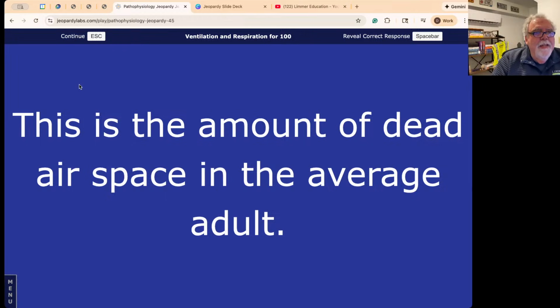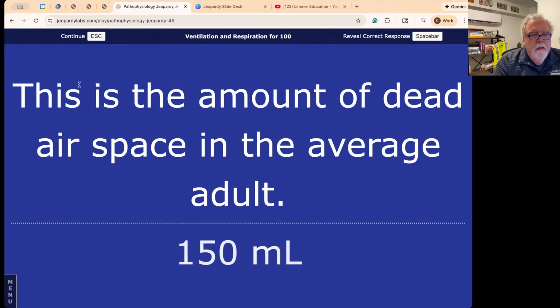All right, let's take a look and see what the correct response is here. I want to keep this moving along a little bit. The correct answer, which many of you had here, is 150 mLs. Now, this is going to come up again, just so you know, as we go through and we do this.